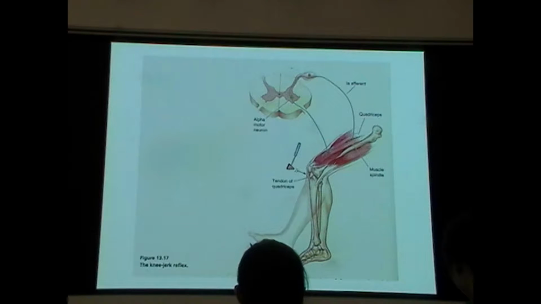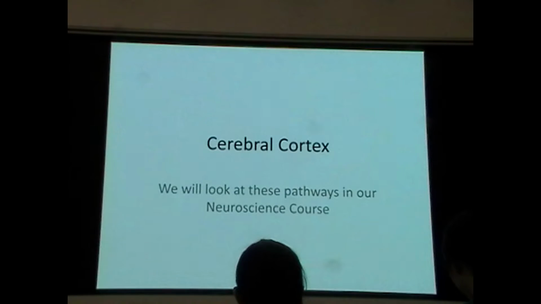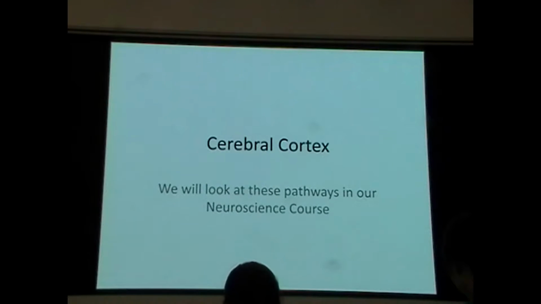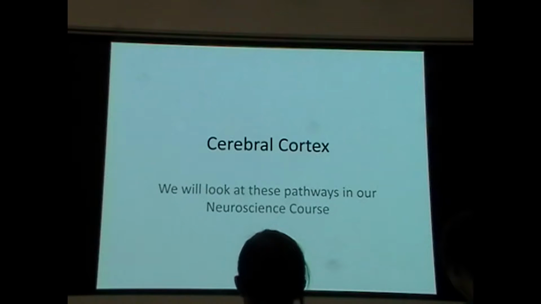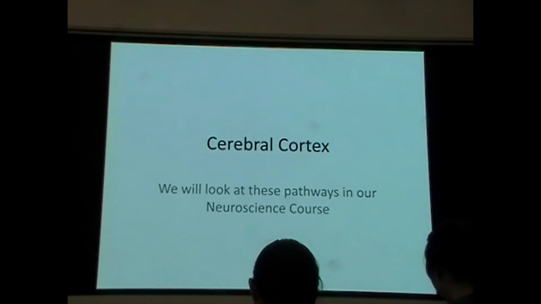The muscle in the front is called the rectus femoris muscle. That is an extensor of the leg. All right, so we're going to be talking about reflexes in greater depth on Friday in relationship to neuro. But let's look at the cerebral cortex.